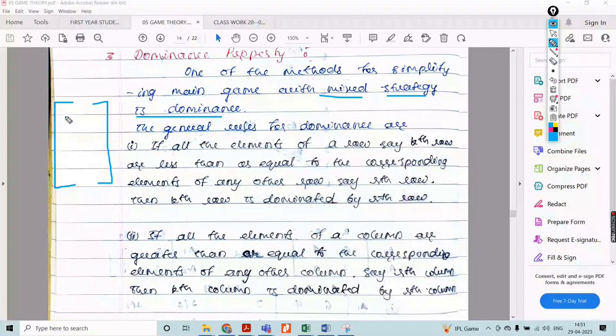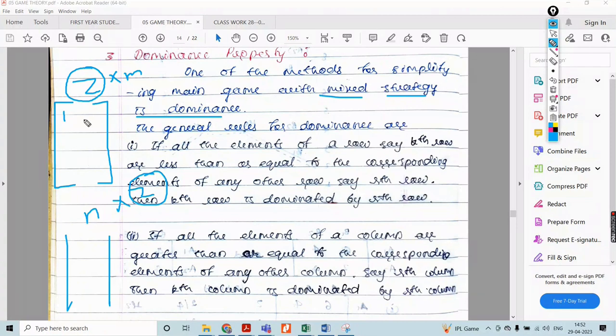In the graphical method, there is also 2 cross m or n cross 2, so there will be a possibility of 2 rows or 2 columns. Then I can represent that on a graph, depending on the values present in the particular payoff matrix.